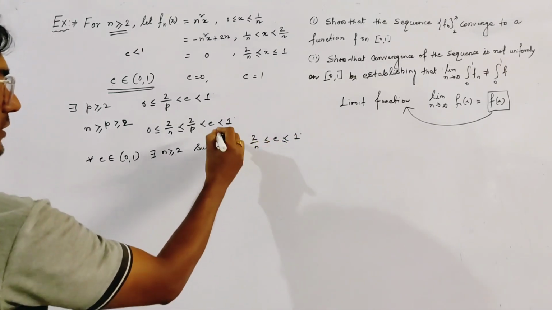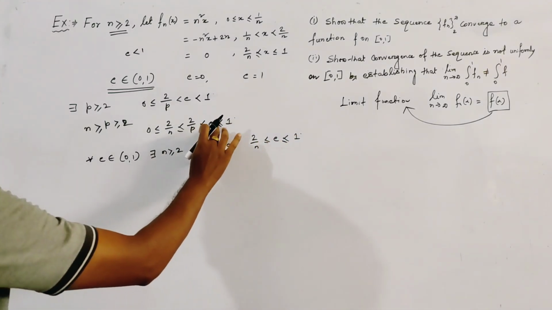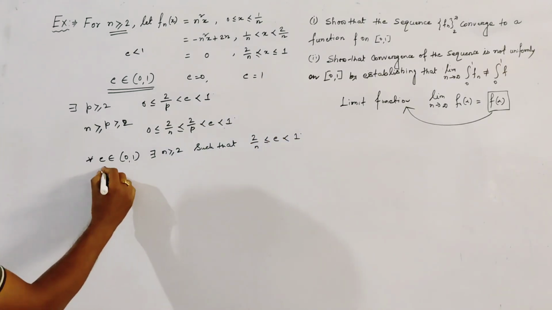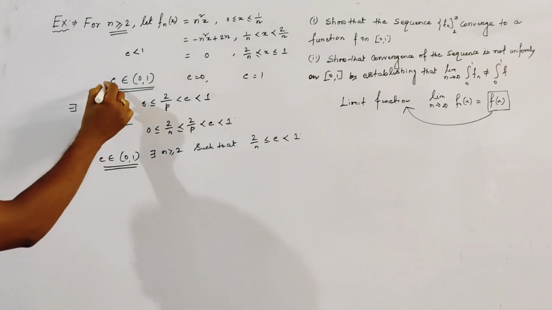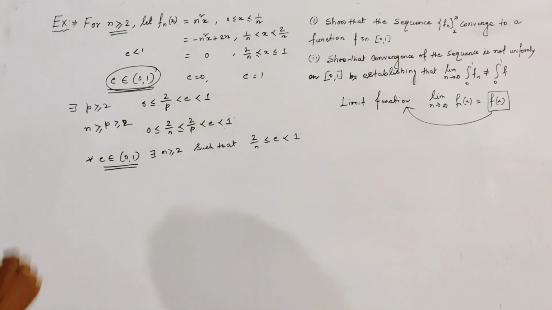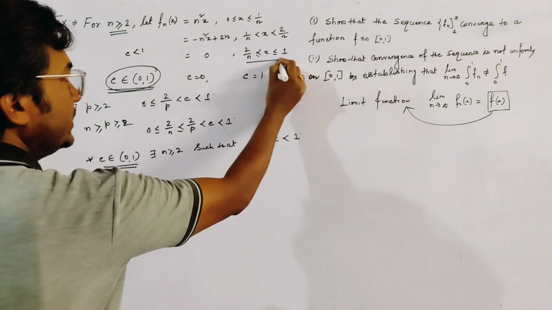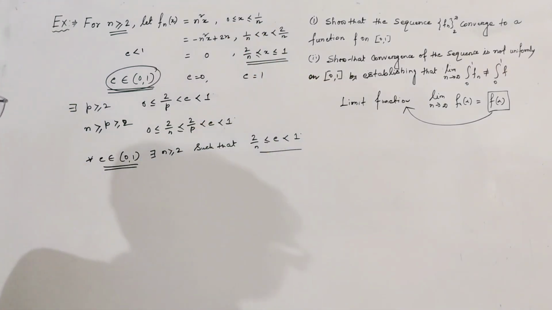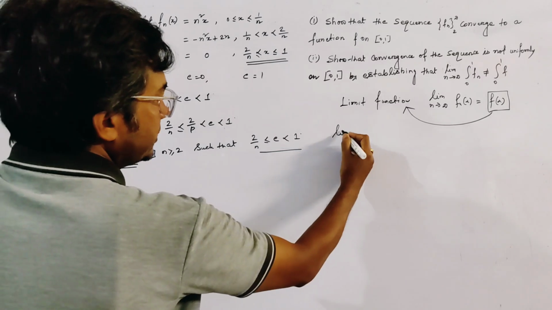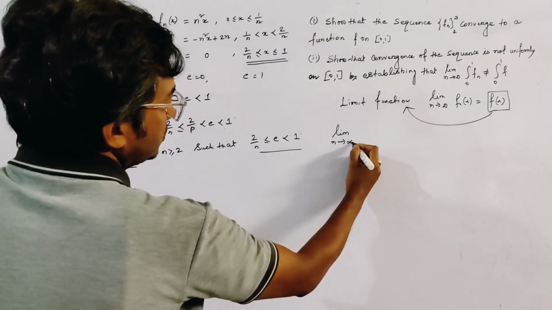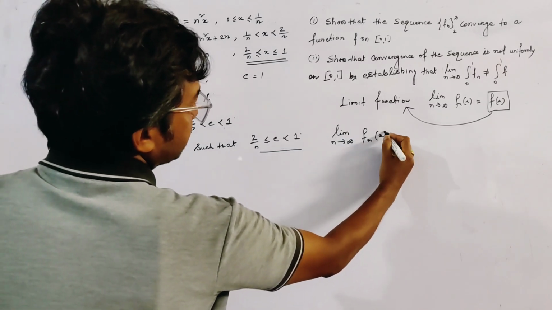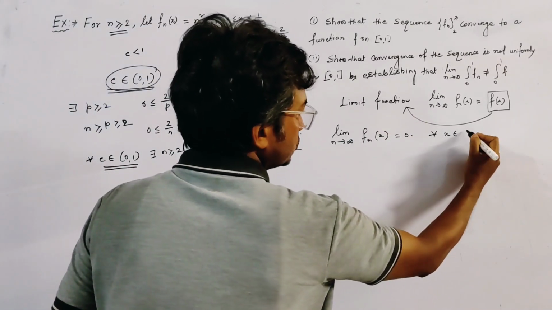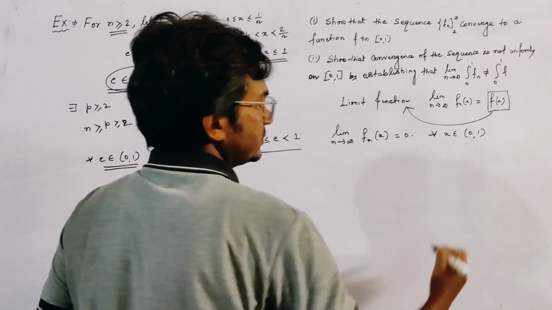This c lies in the interval 2 by n less than or equal to x less than 1. So in this case, the limit as n tends to infinity of f_n(x) is equal to 0 for all x belonging to (0, 1).